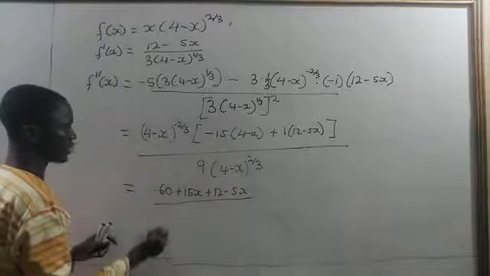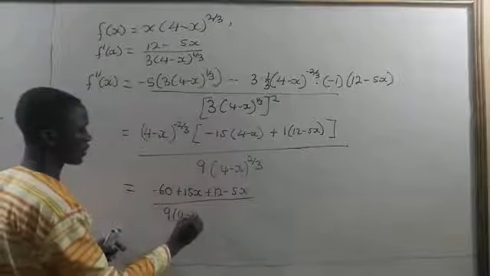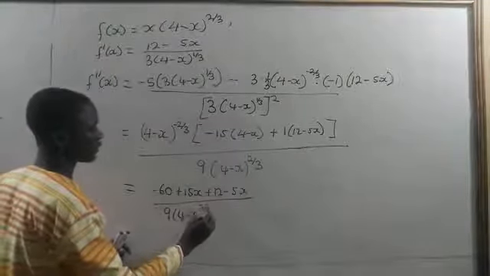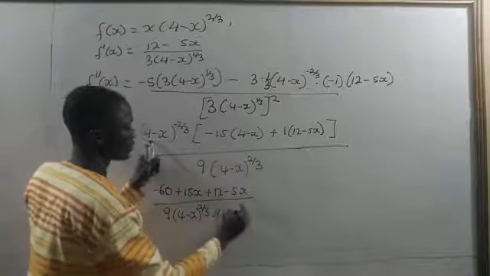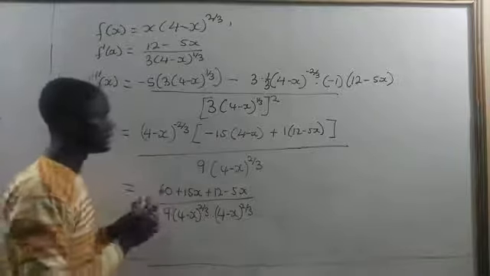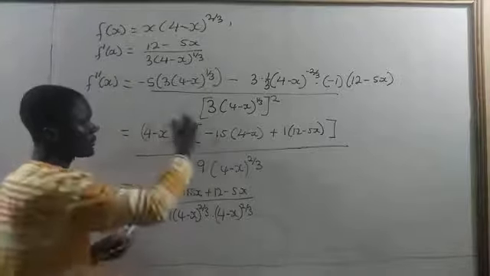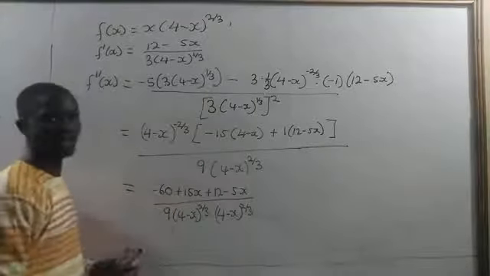So if it comes down, it will become positive. So you have 9 times 4 minus x to the power 2 out of 3 times 4 minus x to the power 2 out of 3. Very simple as that. So you see how I'm doing the simplification. This has negative power, so just bring it down to the denominator. Very, very simple.